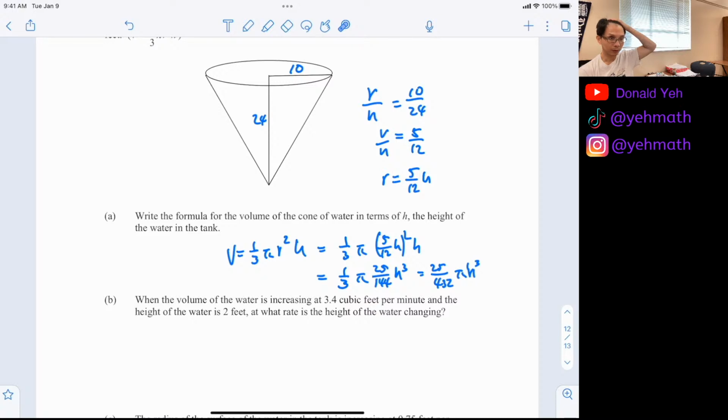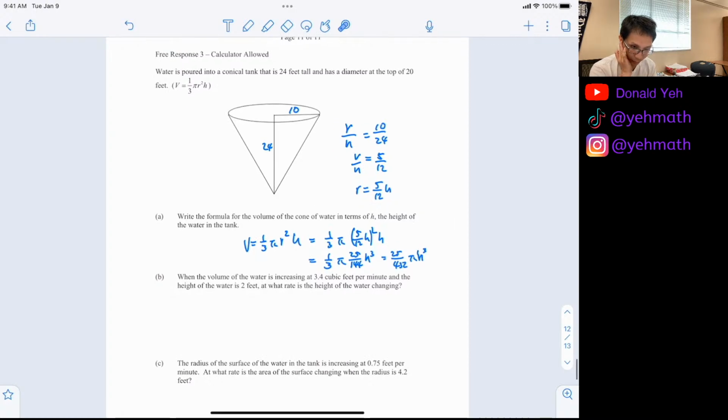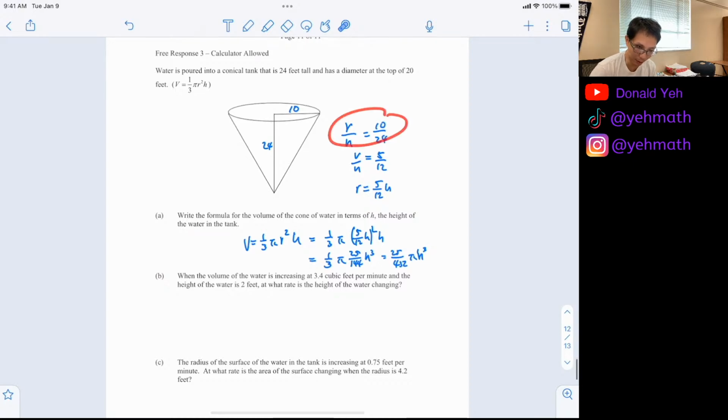Okay. And then that's that. Any questions about that part? Last year we talked about these two relationships. One relationship is similar triangles, and one relationship is volume. You can use these relationships to reduce the variables. It just changes it in terms of H.